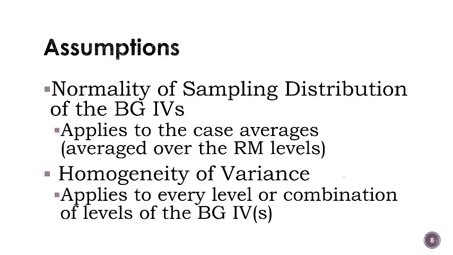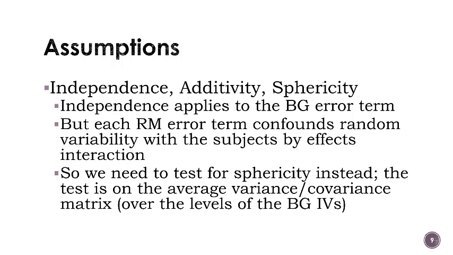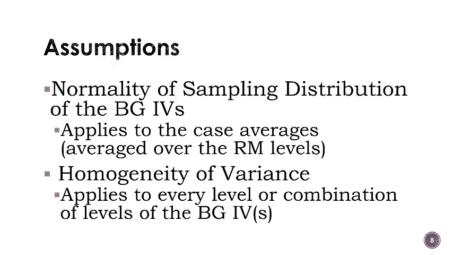The assumptions, we don't have to spend a whole lot of time talking about them, but they're the same assumptions as all the other ANOVAs. The between groups component has the between groups assumptions, and the repeated measures component has the additional sphericity assumption. So we're assuming everything is normal.